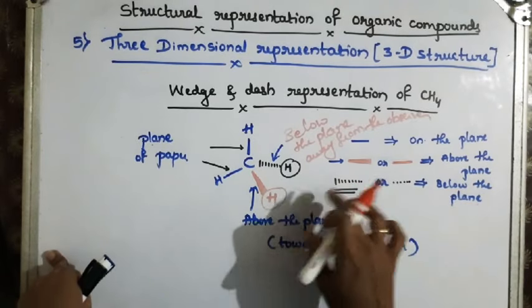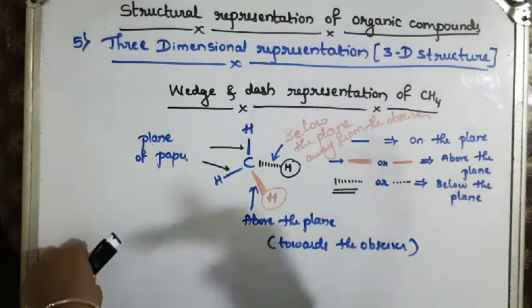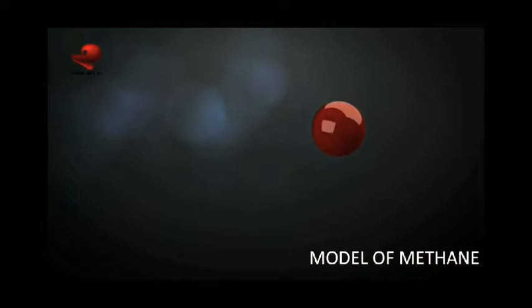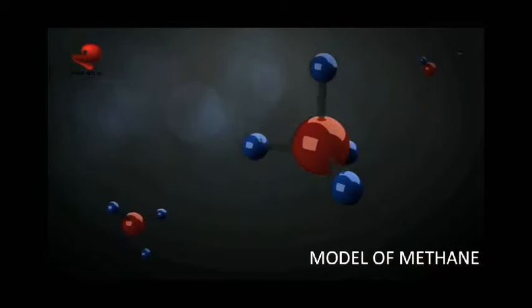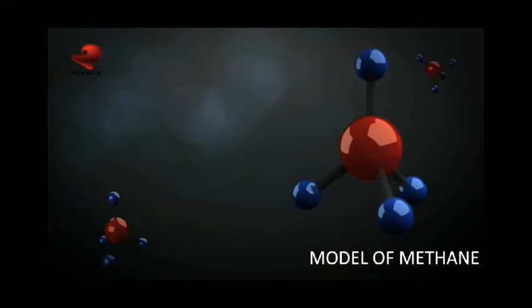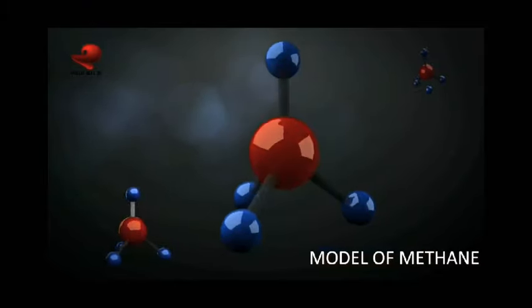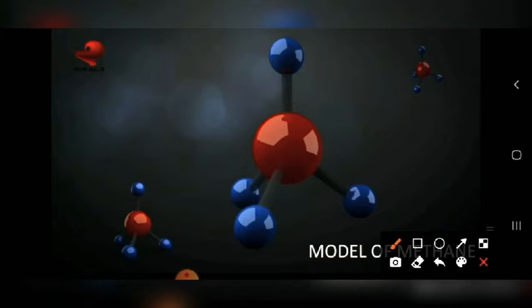Okay, so this type of representation you will study in higher levels. So students, look at this. This is the 3-dimensional molecule of methane. The red one is carbon and the 4 hydrogens are in blue. So the carbon atom is tetrahedrally connected with the 4 hydrogen atoms. If I consider this as the first hydrogen, second hydrogen, third and the fourth hydrogen.